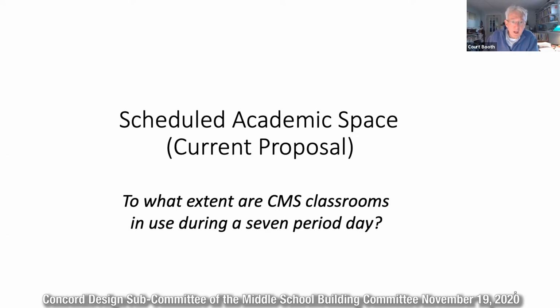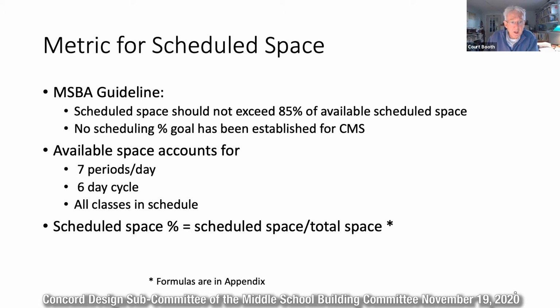We then looked at the usage of those spaces, where we had our knowns of 7 periods a day, 6-day cycles. And this was data that I think Justin and Lori had given to Mike, and then we inherited it from there. I had always thought MSBA was 80%.